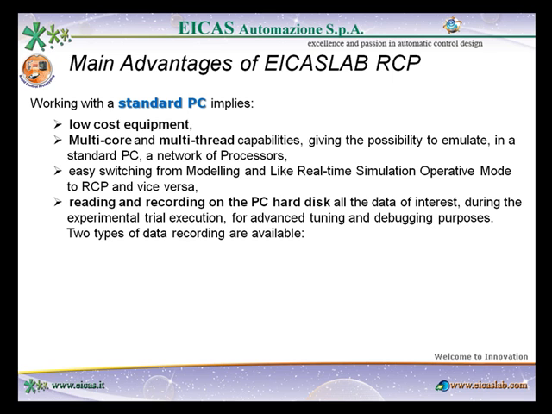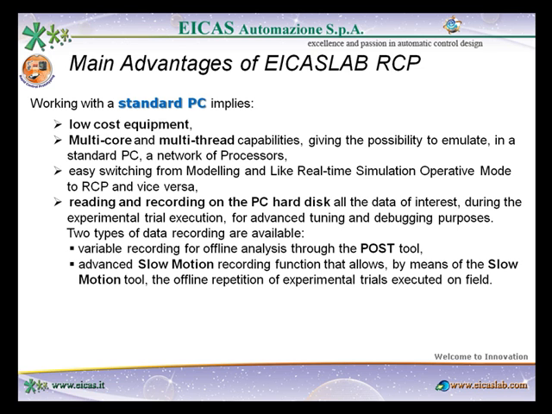EICASLAB provides two types of data recording. First, as already available in the modeling and like real-time simulation mode, during the real-time RCP test execution, you have the possibility to record on the disk all the variables of interest of your control functions, creating a set of data files called POST files for performing offline analysis through the POST tool.